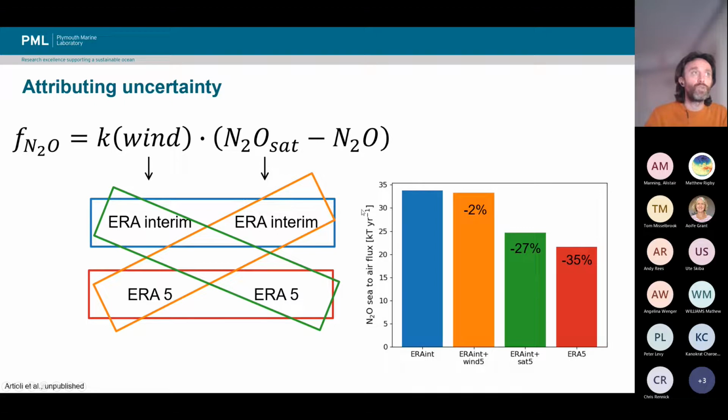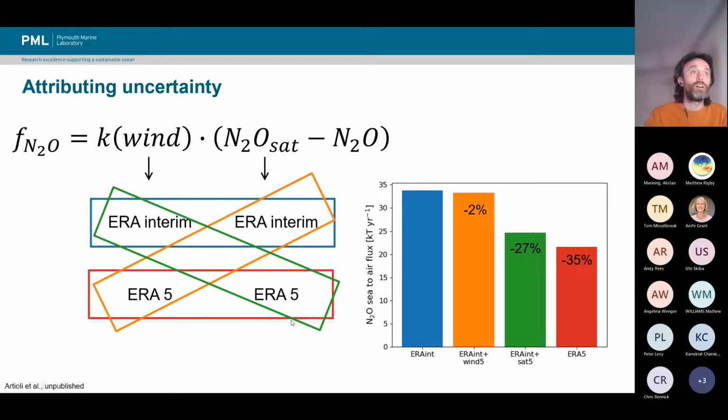If we swap the wind, so we use the wind from ERA 5 and everything else from ERA interim, we see that we only have a decrease of 2%. That is a very small decrease compared to the 35% that we have when we use ERA 5 both for wind and saturation.